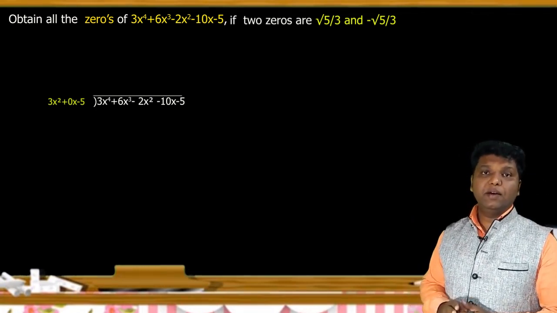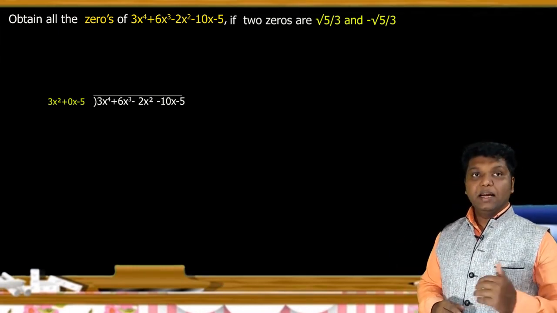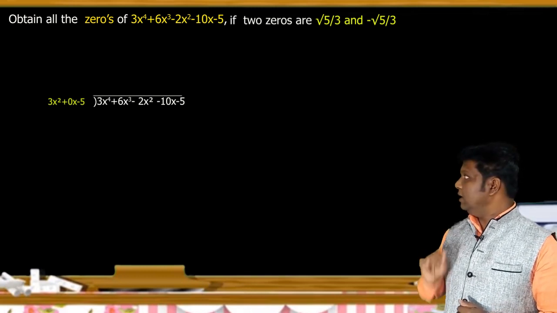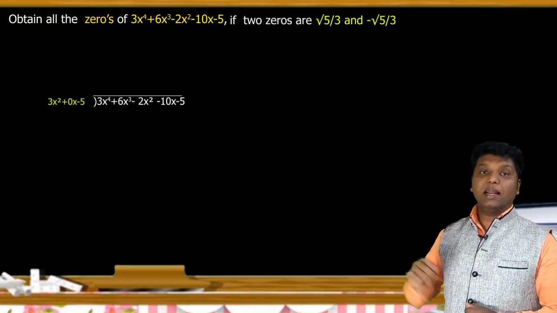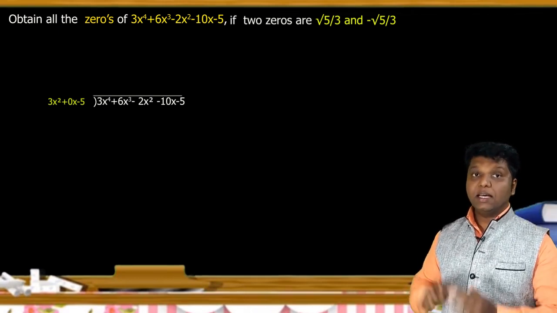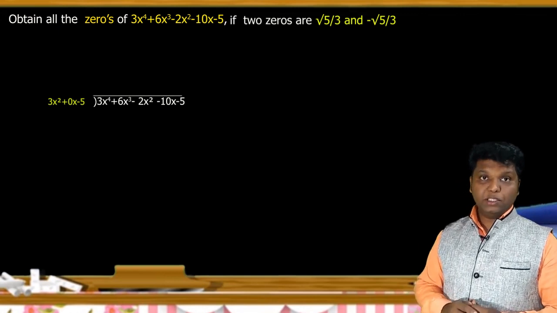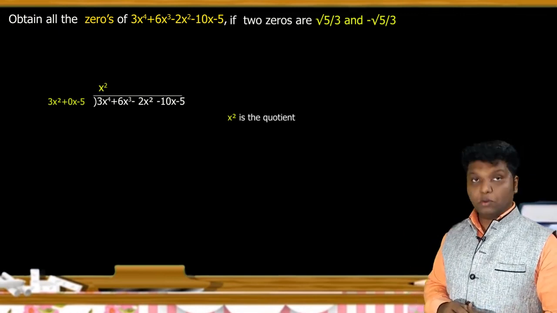The first term of the dividend divided by the first term of the divisor. So 3x raised to 4 divided by 3x square. 3 and 3 will get cancelled, x square and x square will get cancelled, and only one x square will be left. That means this x square you have to carry forward to the quotient part, so you will write x square on top in the quotient part.